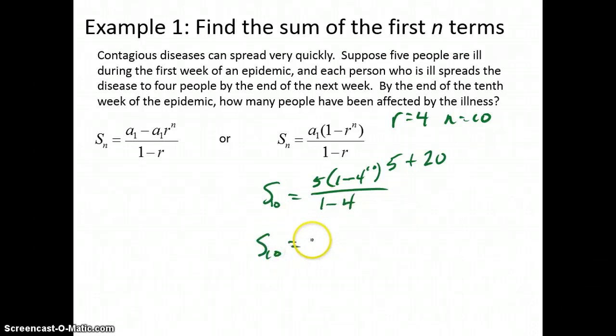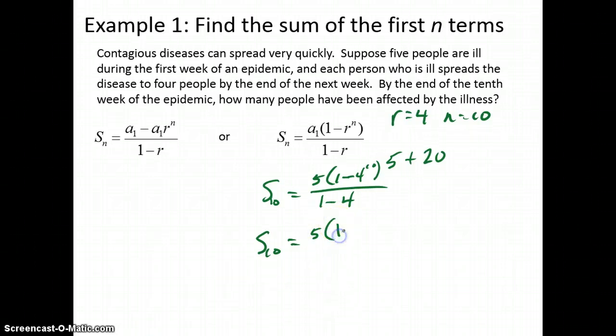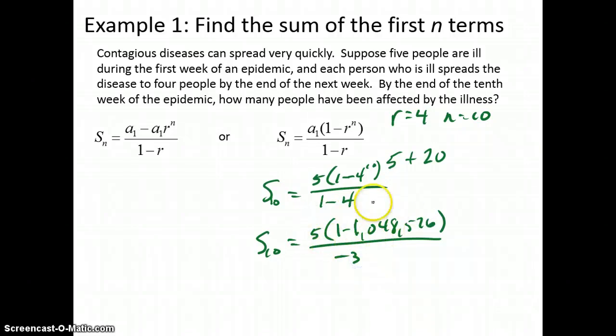And now we simplify it. So we have 5 times 1 minus 4 to the 10th, over -3. Although this looks a little crazy on top, with 1 minus this giant number, the negative on top will be divided by the negative down here, so it should become a positive at the end.